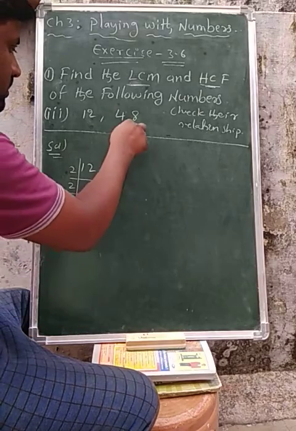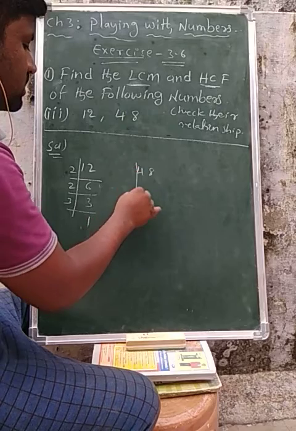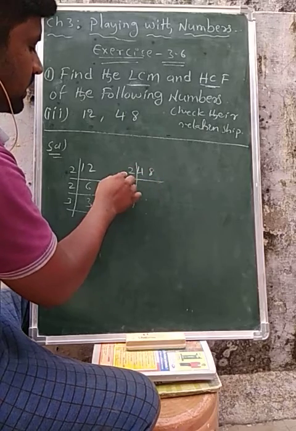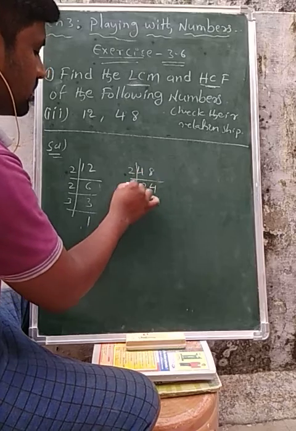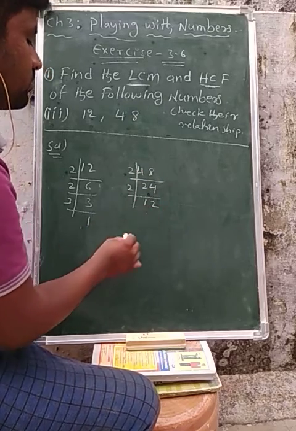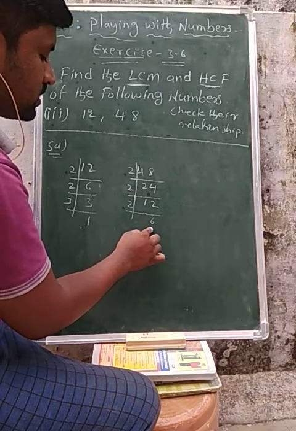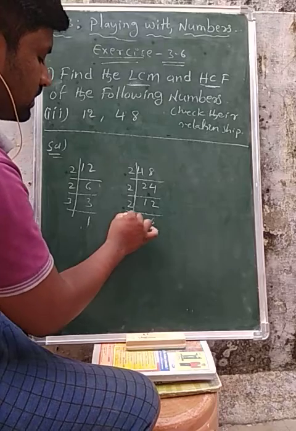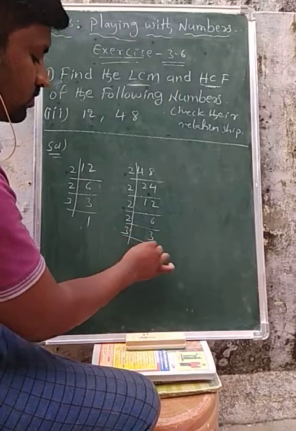Okay, and the prime factors of 48: you can take 2, 2 24s are 48, 2 12s are 24, and 2 6s are 12, and 2 3s are 6, 3 1s are 3.